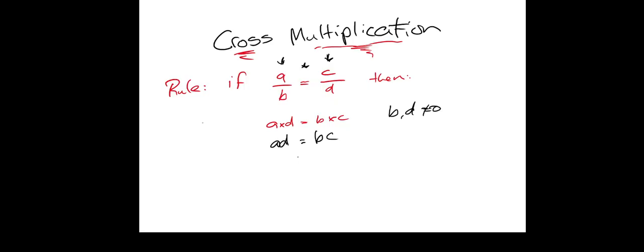Okay, so let's do a little proof of that rule. It's not really a proof, but I'll show you how to work it out. Let's take the left hand side, A over B, and let's multiply that by B over 1.